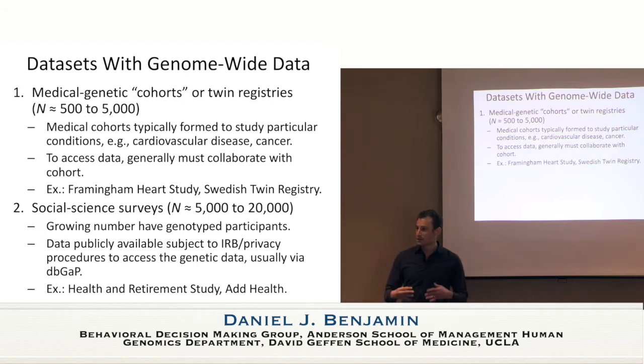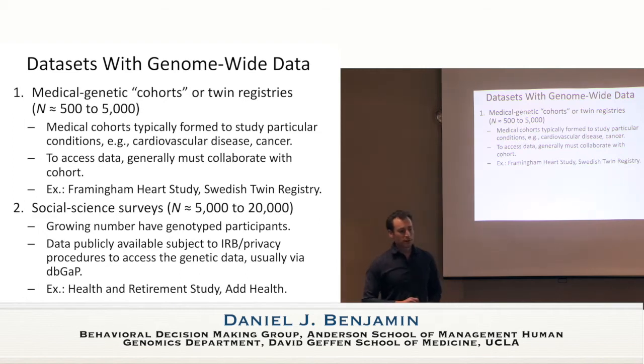So they're interested in cancer genetics or cardiovascular disease genetics. And then similarly, twin registries, which were around before genotyping, but many of them have genotyped their participants. And they're typically in the size range of 500 to 5,000 or so individuals.